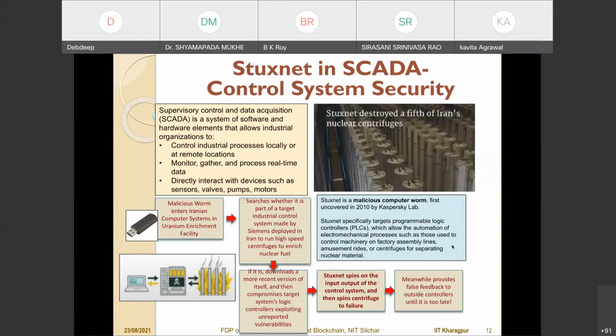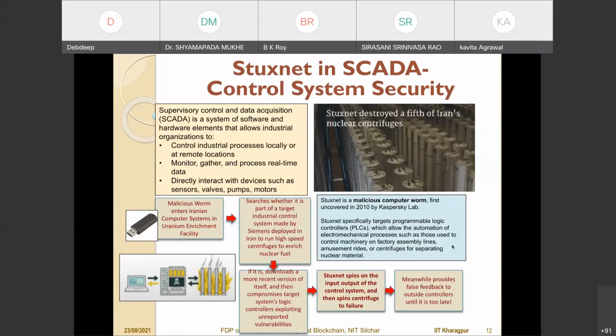Gradually, Stuxnet spies on the input and output of the control system, and then it starts to spin the centrifuge with small perturbations to ensure that they are not detected by the online monitors. It provides false feedback to the output controllers, keeps on doing this, and finally, when it is detected, it becomes too late.